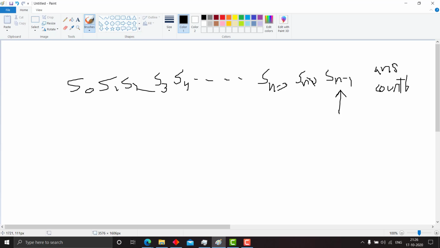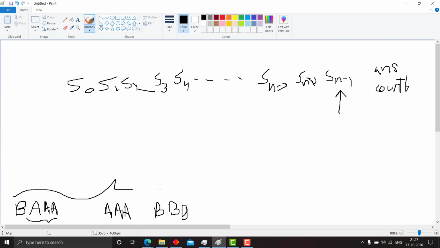Now one thing you need to notice is that the final answer string that you will get will be of the form b a, however many times a is there, or it will be of the form just a's. You can easily see, if there is a b here, we will remove this part. If there is a b anywhere here, we will remove that part. Or it will be of the form b b. These are the only three forms possible.